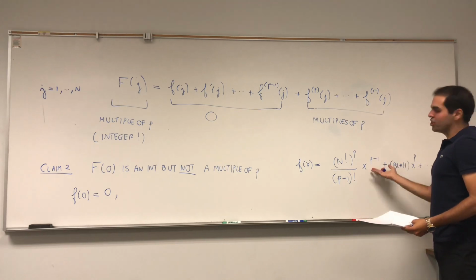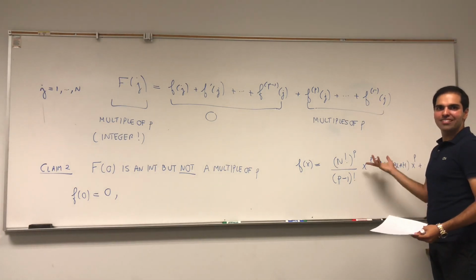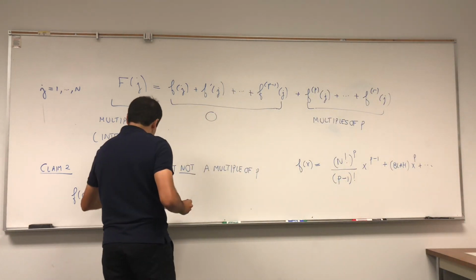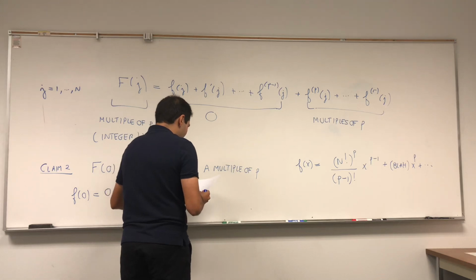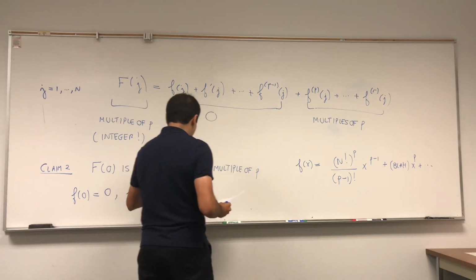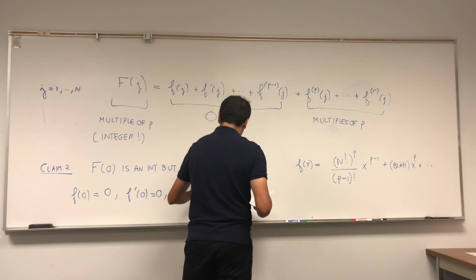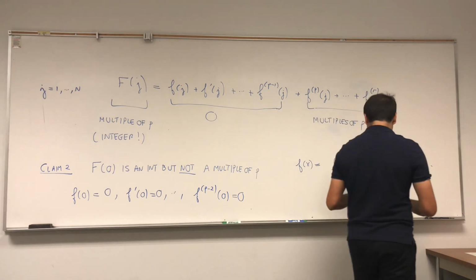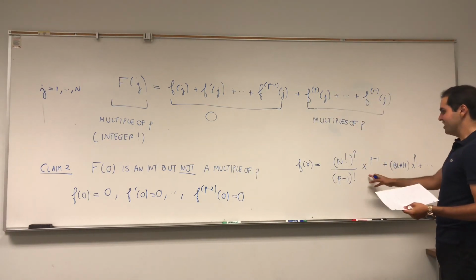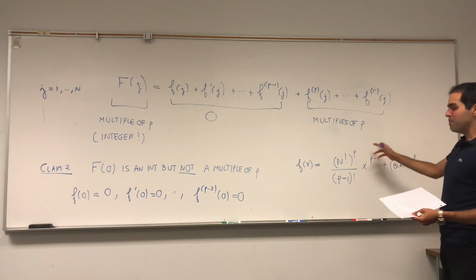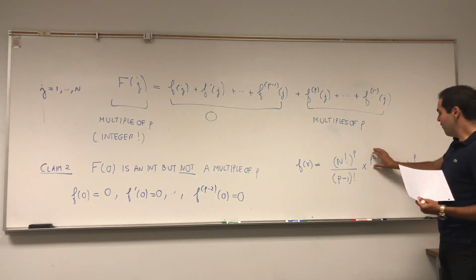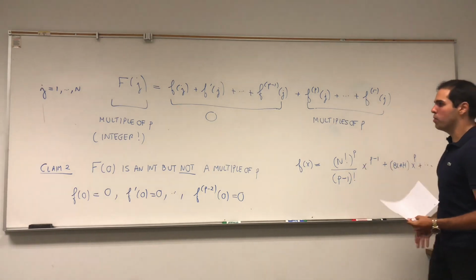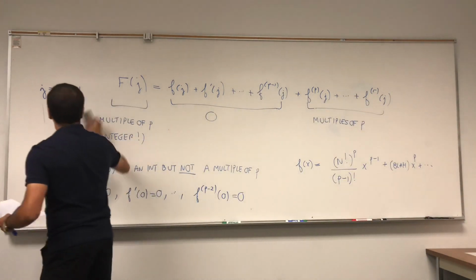And same if you take just a couple of derivatives, you still have 0. So f prime of 0 equals 0, dot dot dot, up to, I guess the evil term is p minus 1. So if you take up to p minus 2 derivatives, you're good. But the question is, what happens when you take the p minus first derivative? Well, what happens here is that you get p minus 1 factorial, and then just terms involving x and x squared.